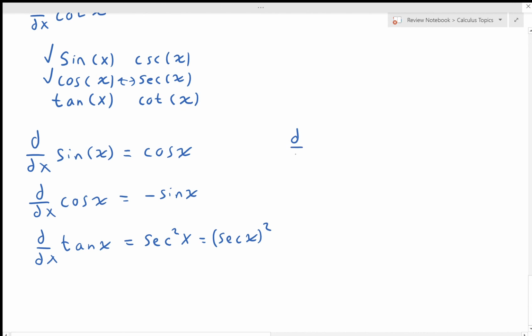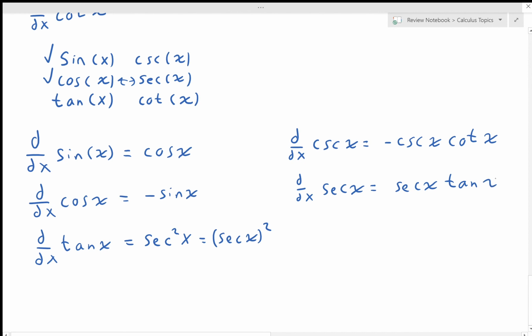The derivative of cosecant x is negative cosecant x cotangent x. The derivative of secant x would be secant x times tangent x.